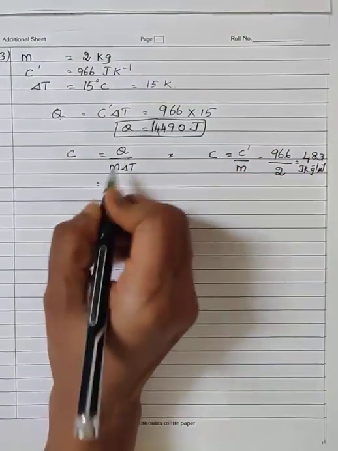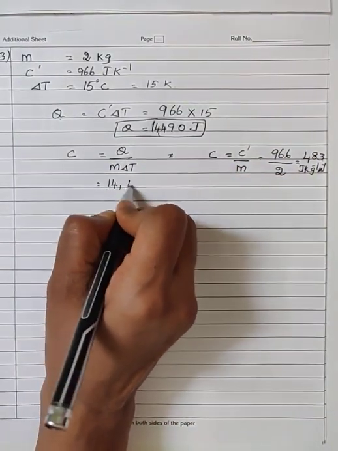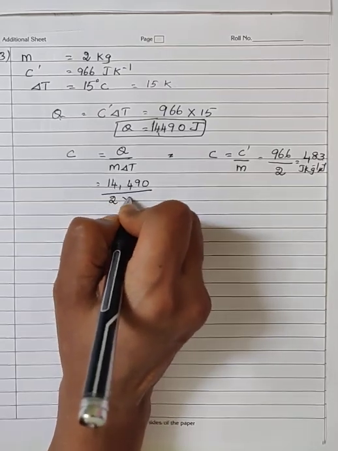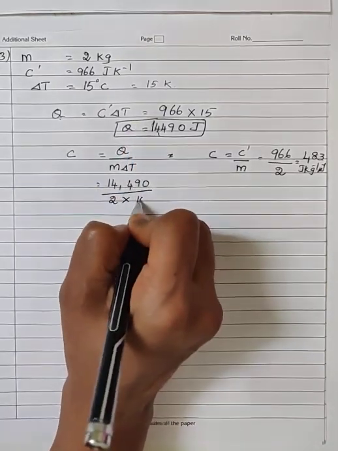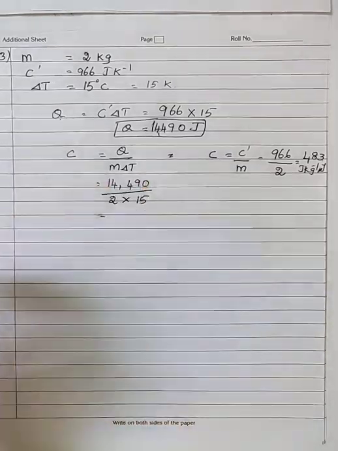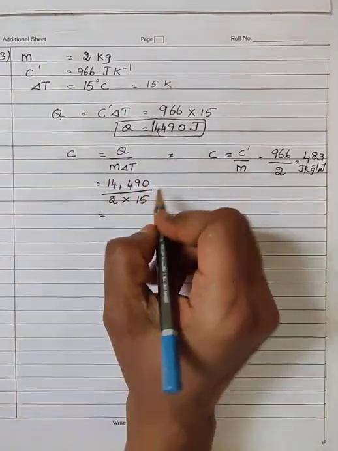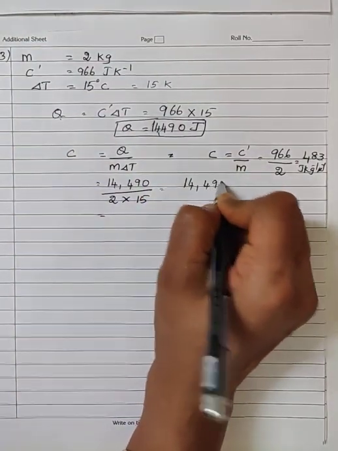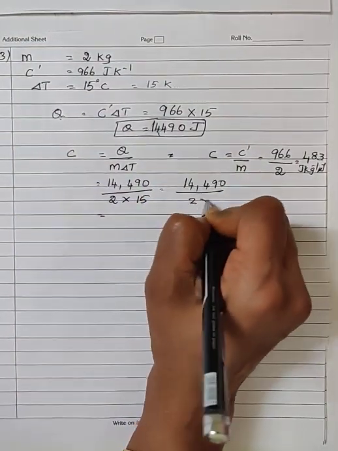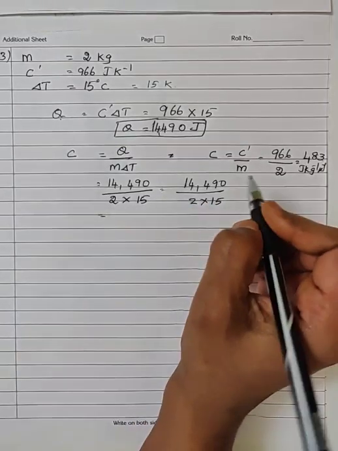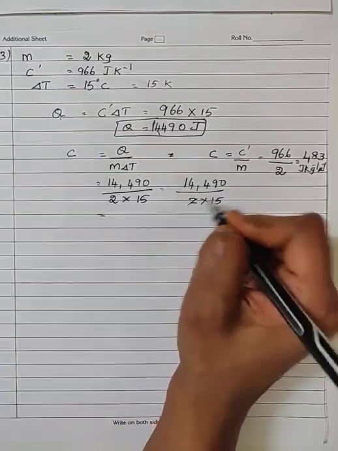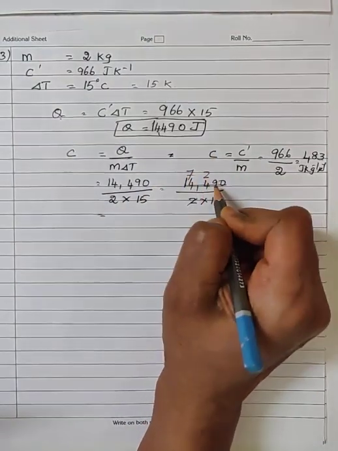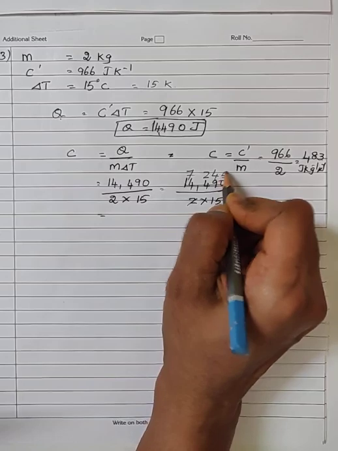Come to this method. Q we have already calculated: 14,490 divided by mass, which is 2 kilogram. Delta T is equal to 15. Okay. Do the simplification in the next step. 14,490 divided by 2 into 15. If you cancel it by 2, you will be getting 7 2s are 14, 2 2s are 4, 4 2s are 8, 5 2s are 10.